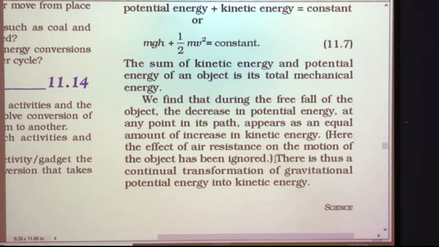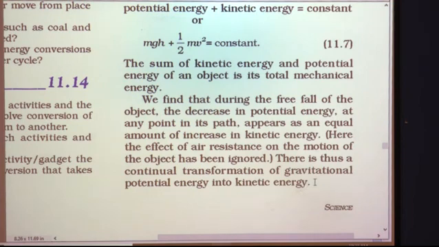As you know, air offers some resistance, but in this case the effect of air resistance on the motion of the object is ignored. There is thus a continual transformation of gravitational potential energy into kinetic energy.